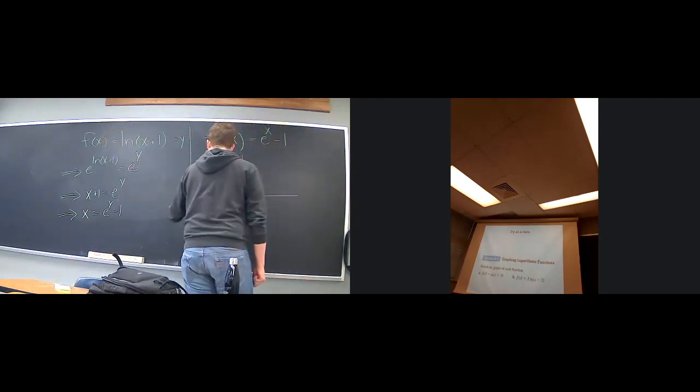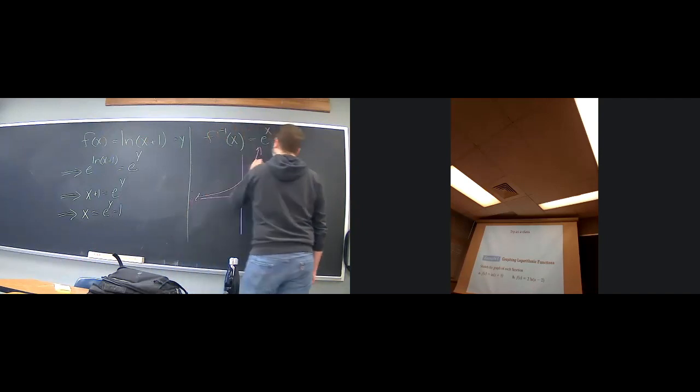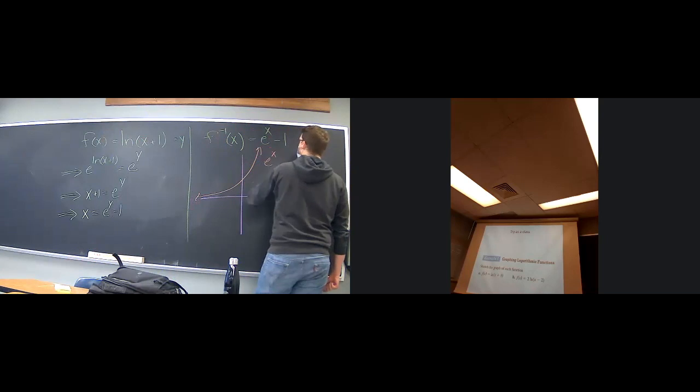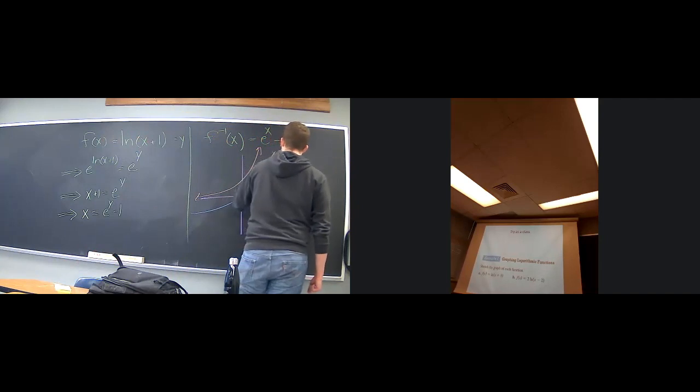We know that e to the x is this graph, right? So if we subtract 1, we're just lowering it by 1 unit. Agreed?